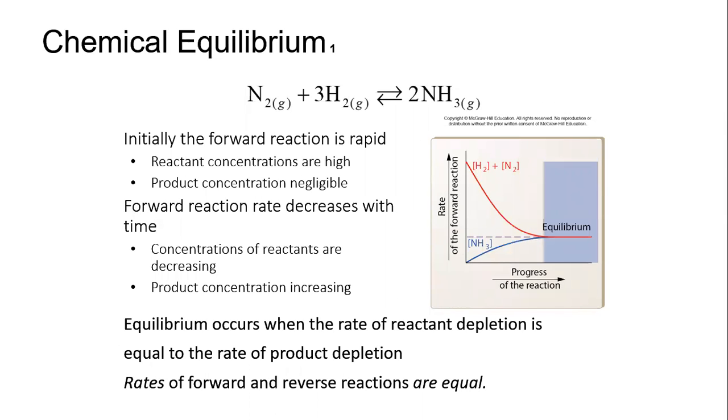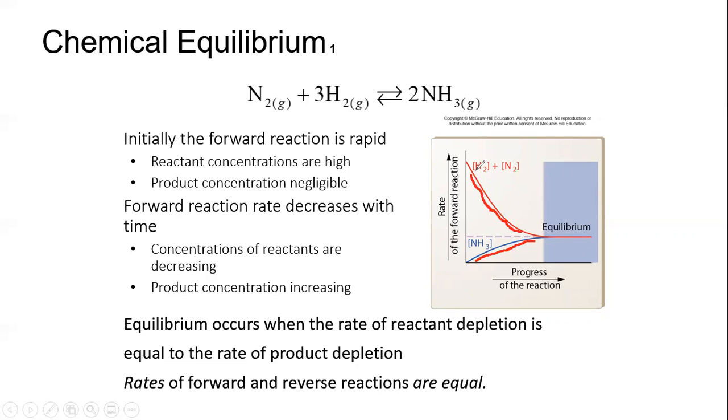With equilibrium, if we have this reaction, the synthesis of ammonia, over time as we approach equilibrium, the concentration of the reactants decreases, shown here, while the concentration of products increases, until equilibrium is established. That occurs when the rates of the forward and reverse reactions are equal.